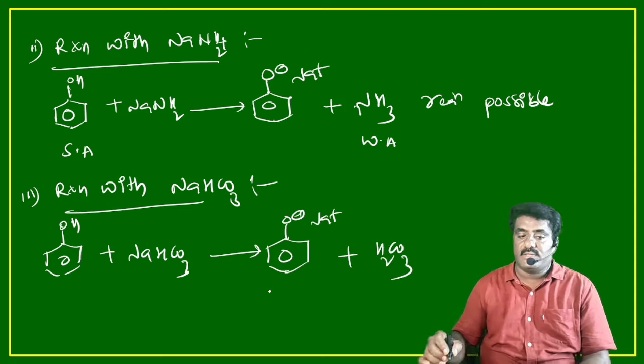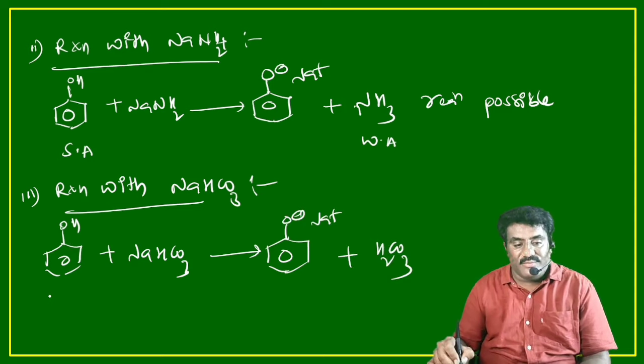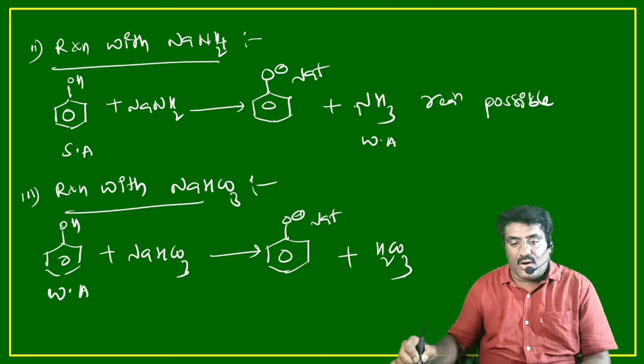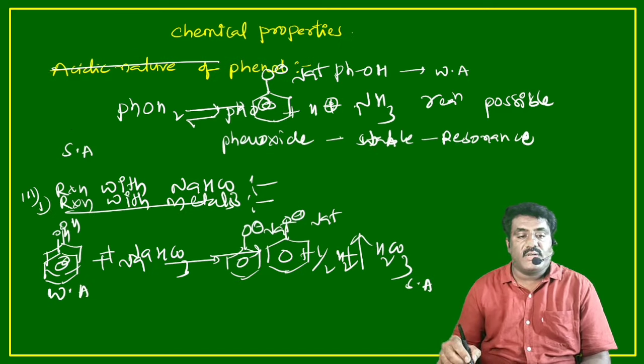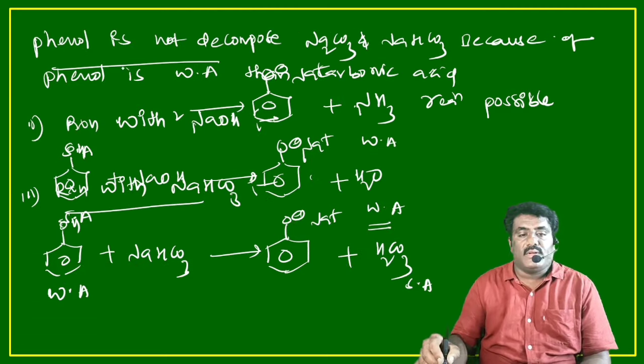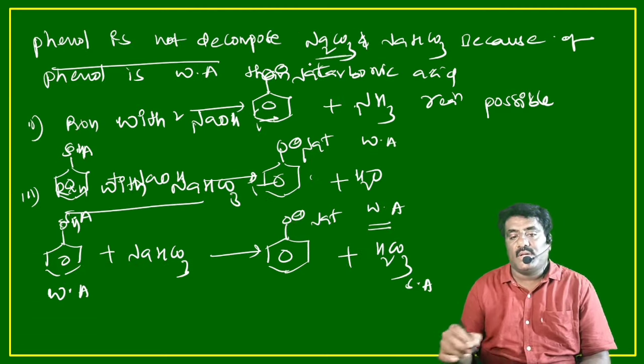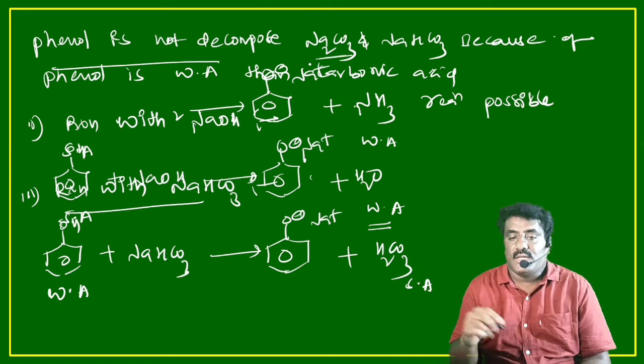Phenol is a weak acid, and carbonic acid is a strong acid. Already I have given the concept: phenol does not decompose Na2CO3 or NaHCO3, because phenol is a weak acid.